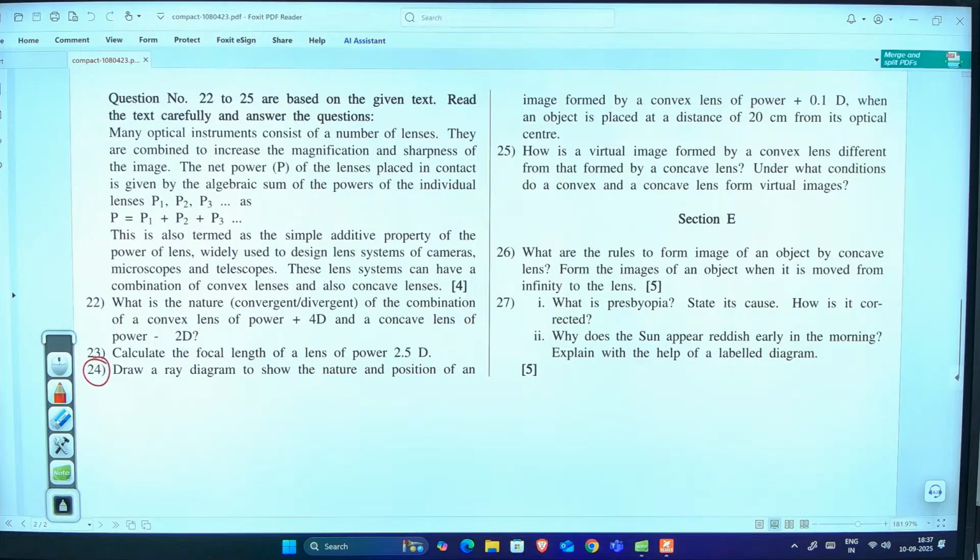Let me know if you get some answer. Any answer?